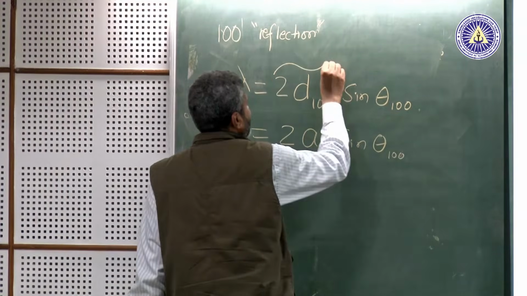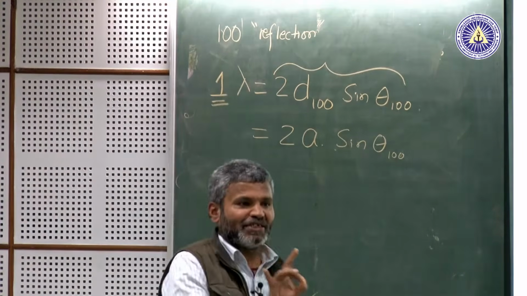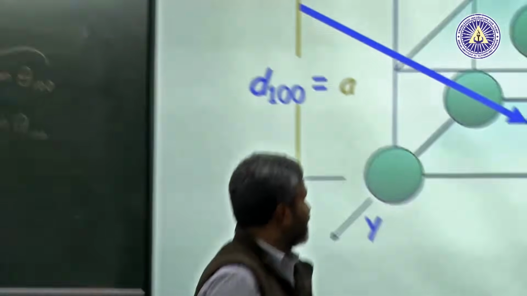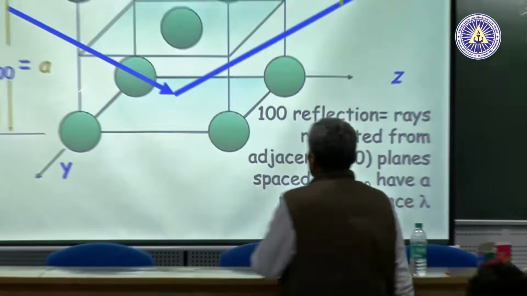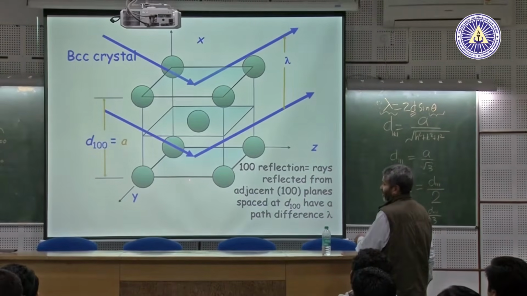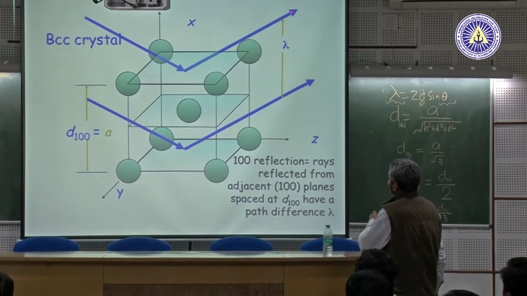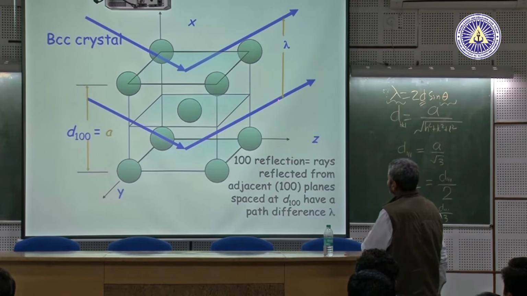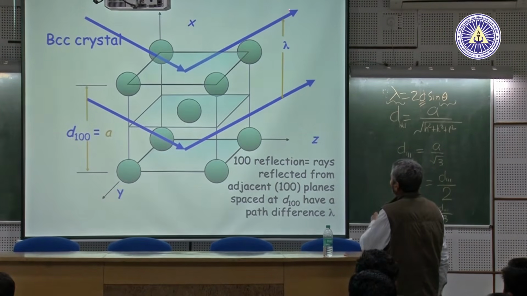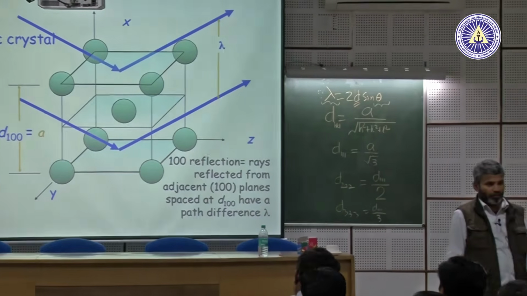This was the path difference. So, when I say 100 reflection, I mean to say that planes which have the spacing a, that is the top plane and the bottom plane, have a path difference: waves reflected from those planes have a path difference of 1 lambda. That is the meaning of 100 reflection.